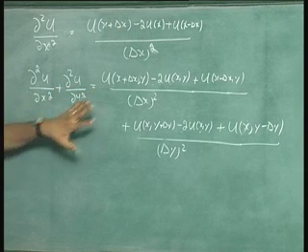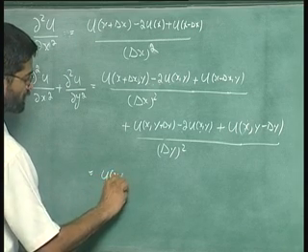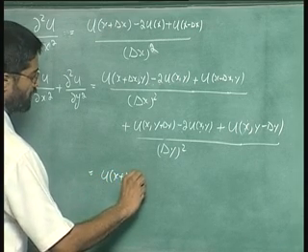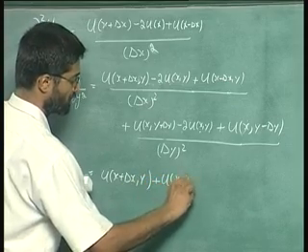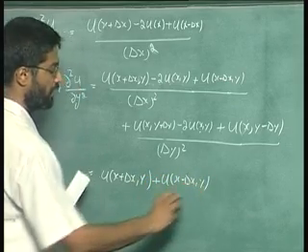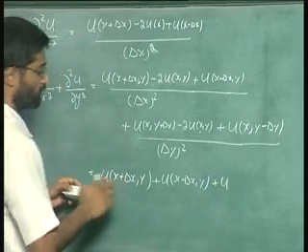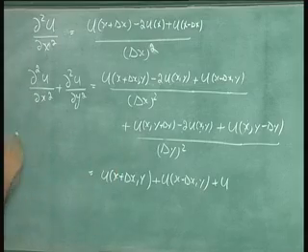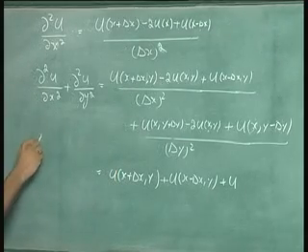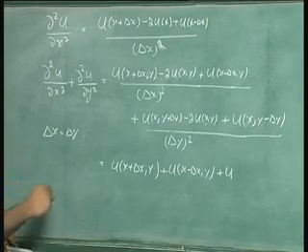Okay, so now we can write this whole thing as u(x plus delta x, y) plus u(x minus delta x, y) plus u divided by... okay, so now in the special case where delta x equal to delta y, we can simplify this equation and write it in this form.